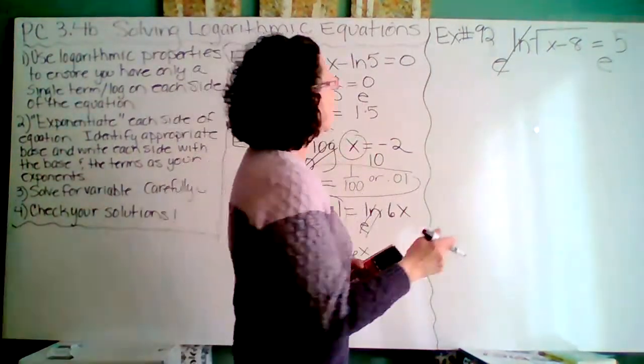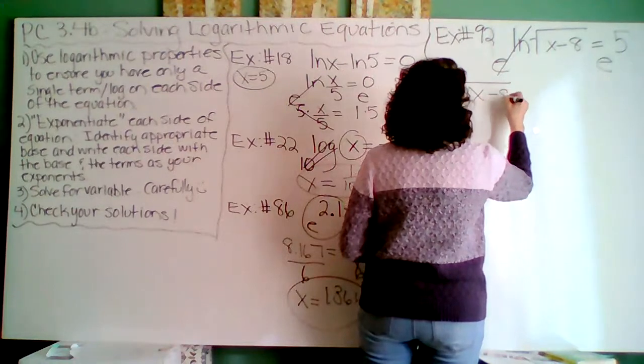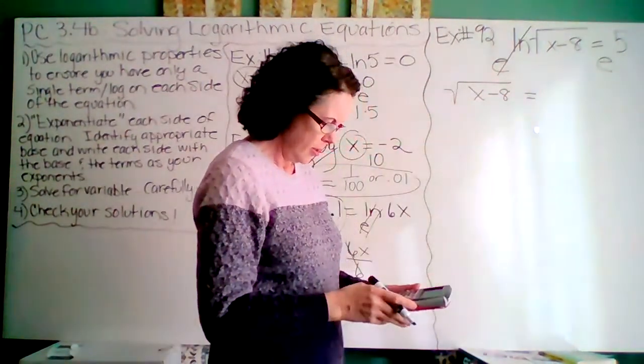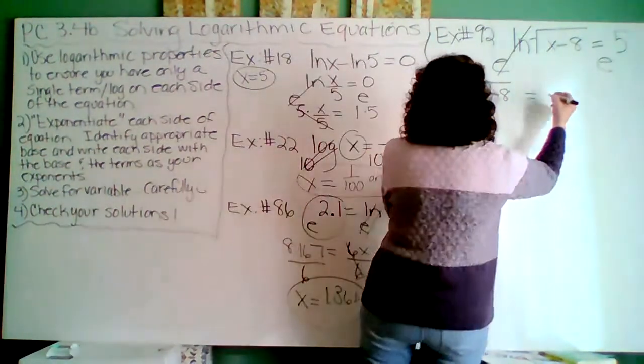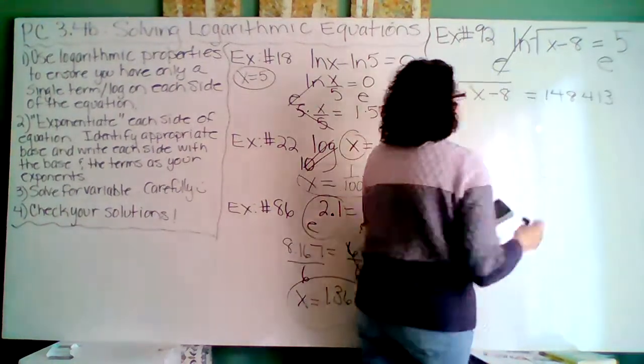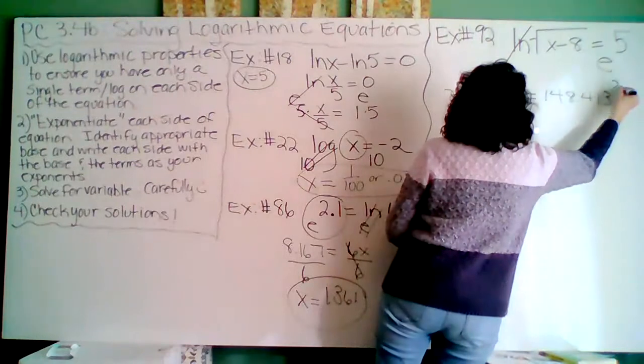The e and the natural log cancel out, and you have the square root of x minus 8 equals e to the 5th. I'll get that in my calculator: 148.413. I will square both sides to remove the square root.